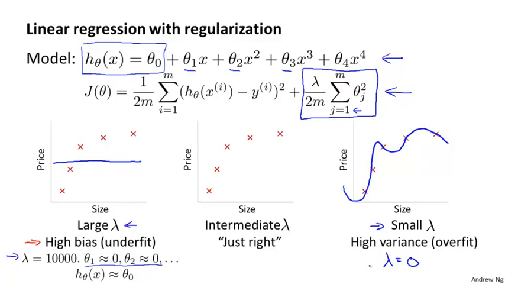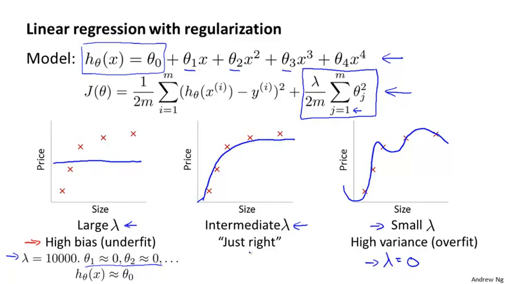If lambda is equal to 0, we're just fitting it without regularization, so that overfits the hypothesis. And it's only if we have some intermediate value of lambda that is neither too large nor too small that we end up with parameters theta that give us a reasonable fit to this data.